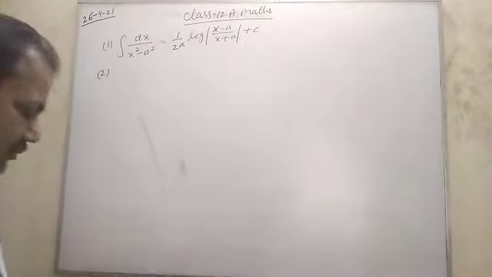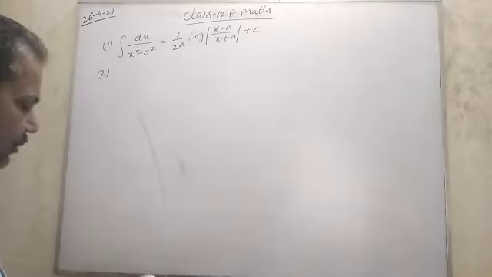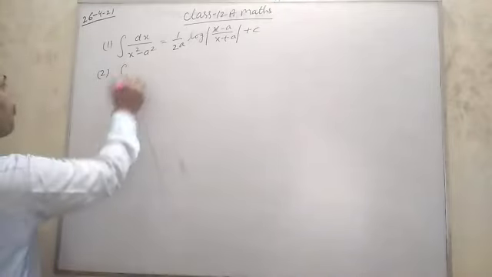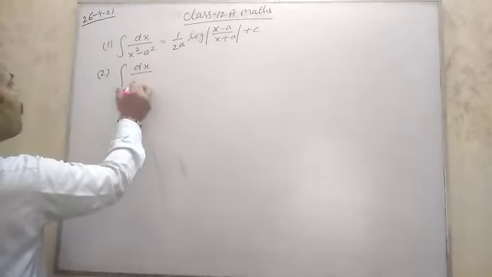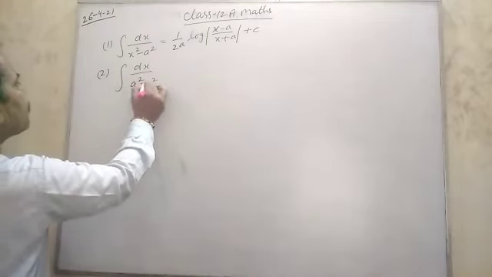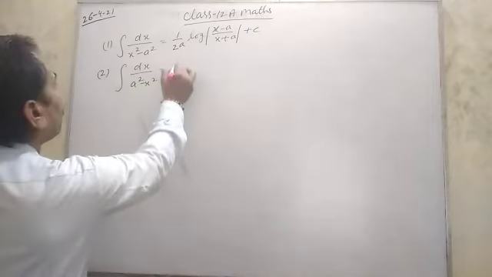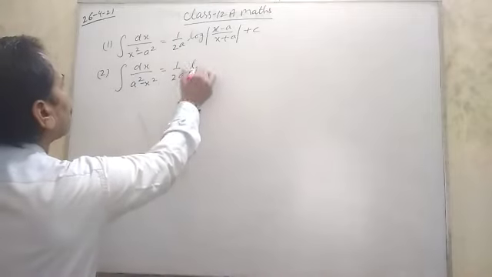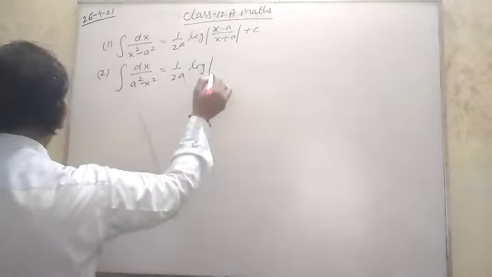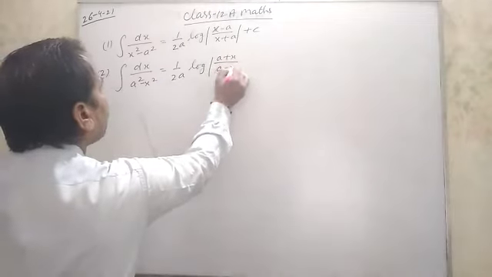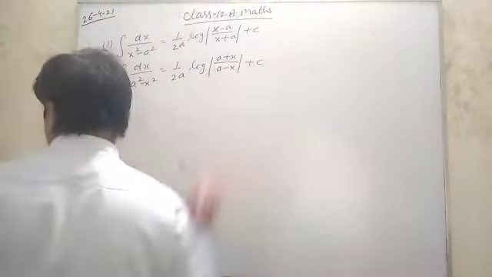Second formula: dx upon a square minus x square. First one was x square minus a square. Second one, dx upon a square minus x square. So their formula is 1 upon 2a log a plus x upon a minus x plus constant.